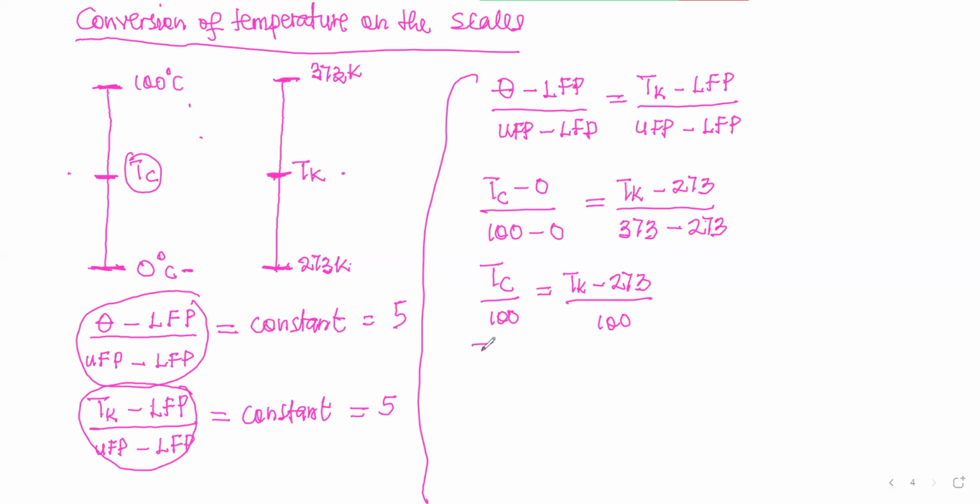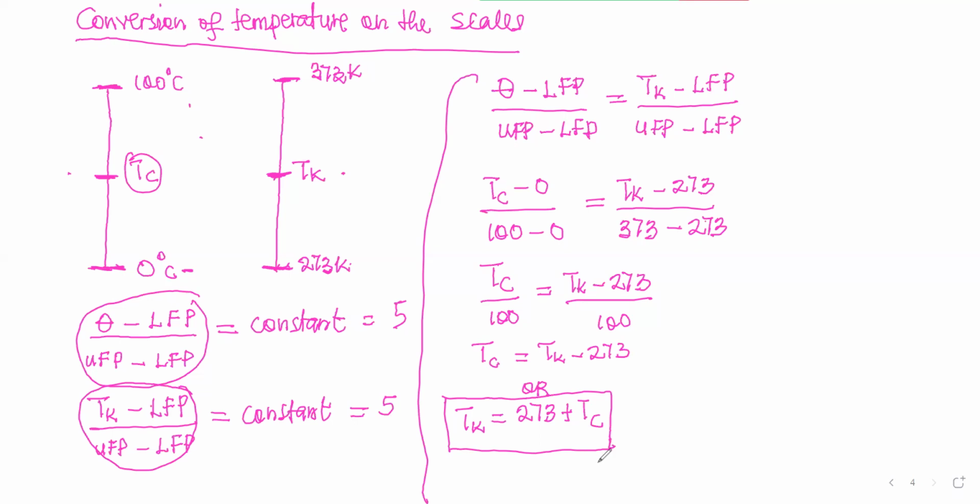So we have TC equal to TK minus 273, or TK is equal to 273 plus TC. This is a conversion equation between the Kelvin and the Celsius scale.